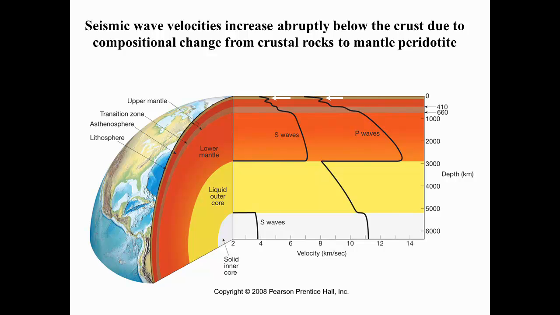Now, where these white arrows are indicating on these curves, we see that seismic velocities increase abruptly below the crust. And we see that in both the S waves and the P waves, the curves kind of shift towards the right, towards higher velocities, where those white arrows are pointing. And this is due to a compositional change from crustal rocks to mantle peridotite, which is quite a bit denser.